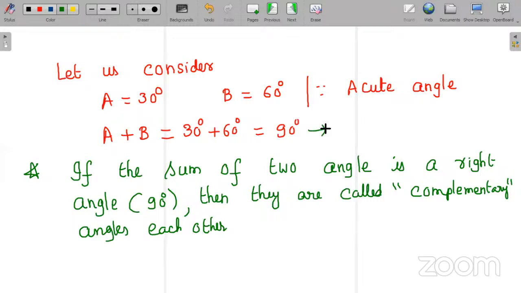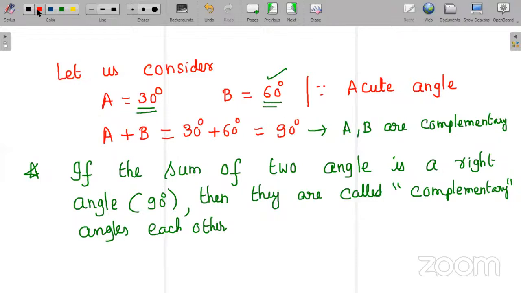So here A, B are complementary. I hope it's very clear to you. That means the complement of 30 degrees is 60, and the complement of 60 is 30.